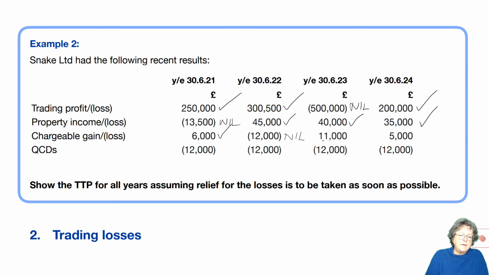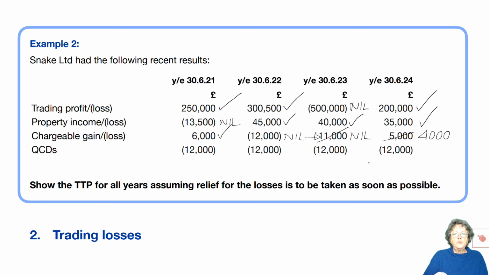Now, be careful. What happens with chargeable gains? You remember? They stick together, which means you would carry that forward and wipe that out, so that would also be nil. And then there's 1,000 to carry forward, so that would be 4. Now, if you can remember to do that, that's fantastic. Don't just make a note of that in the question.